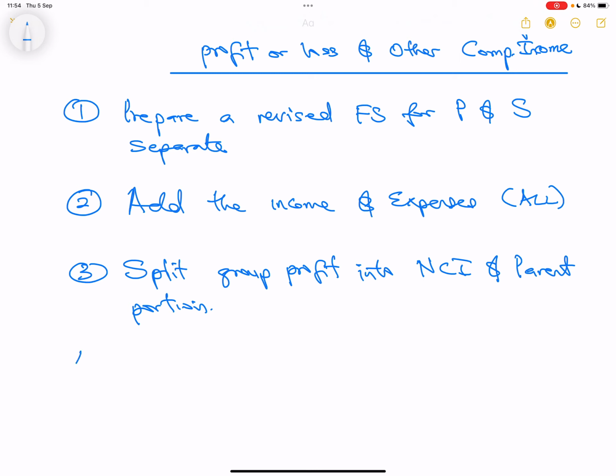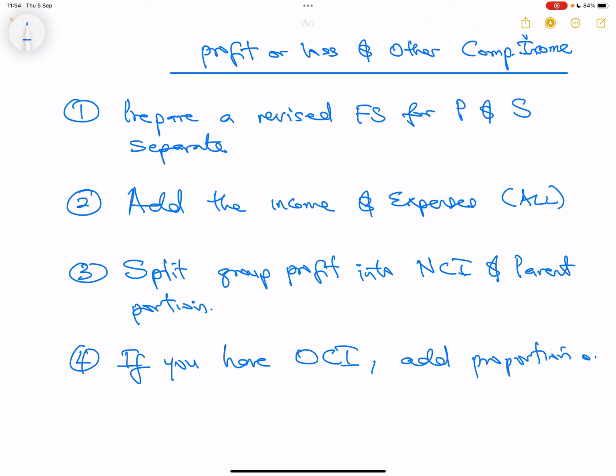And sometimes, let me add, if you have, let's say, OCI, all you need to do is to add the proportion of NCI in OCI to the NCI portion of profits.